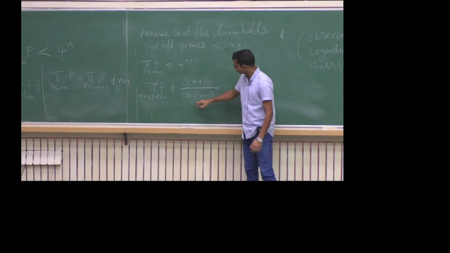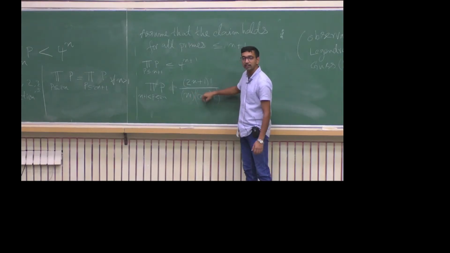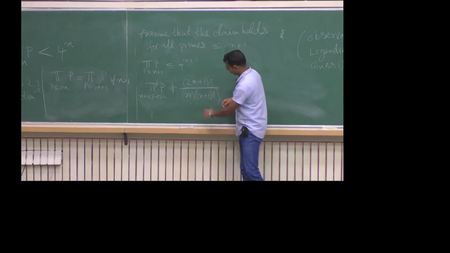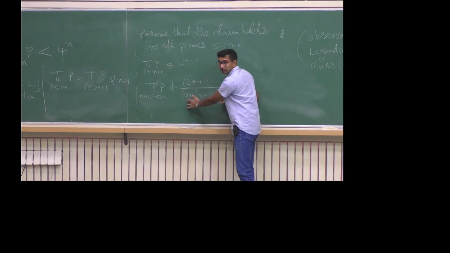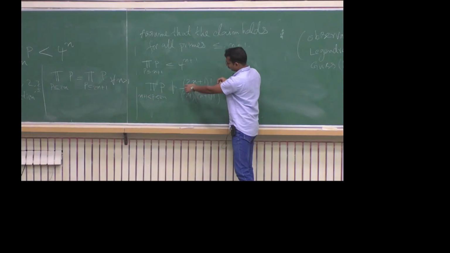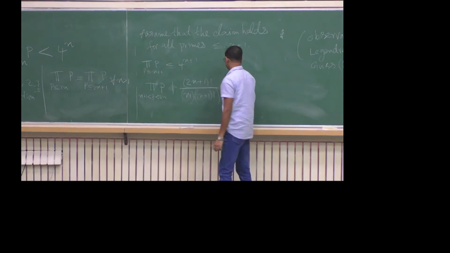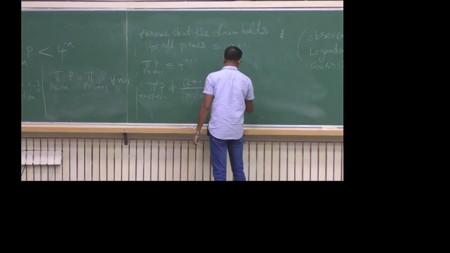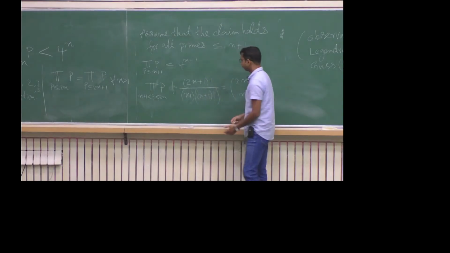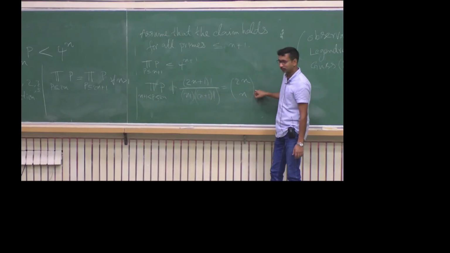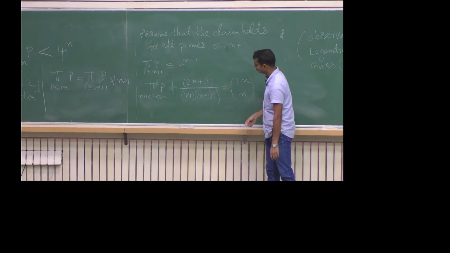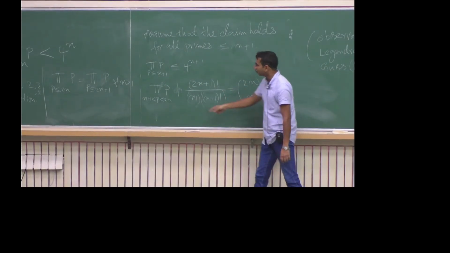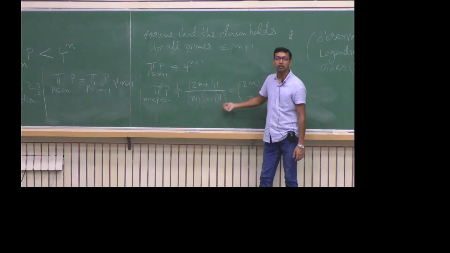Okay, because none of these primes divide the denominator, but all of them divide the numerator. And this is just the binomial coefficient when you choose n. So this is an integer which you can write as this ratio of factorials, and all these primes divide the numerator but not the denominator.